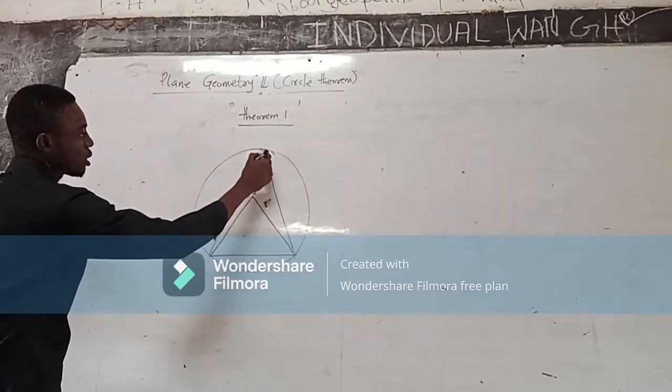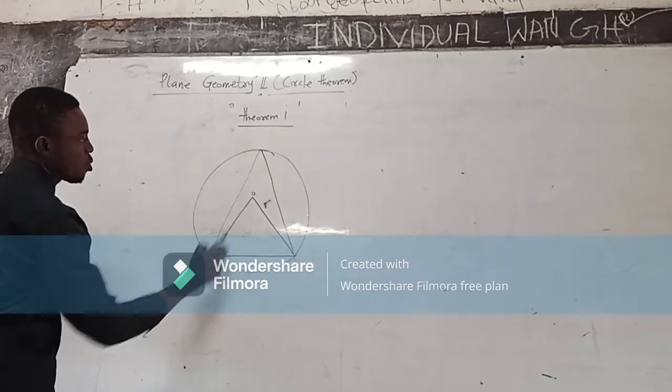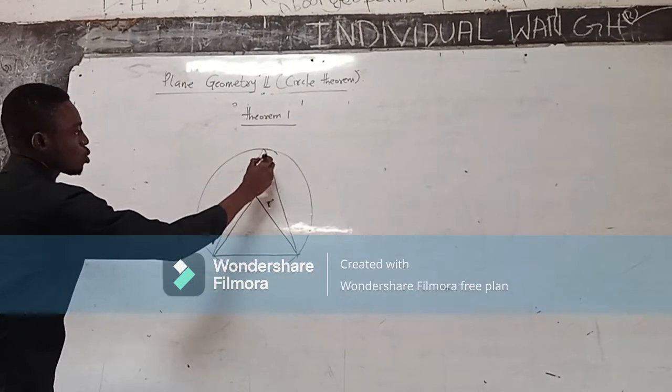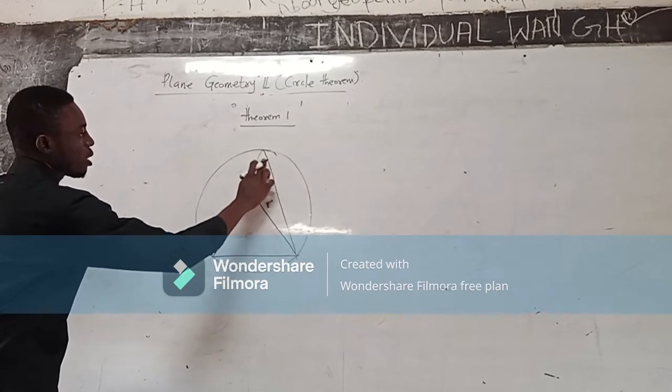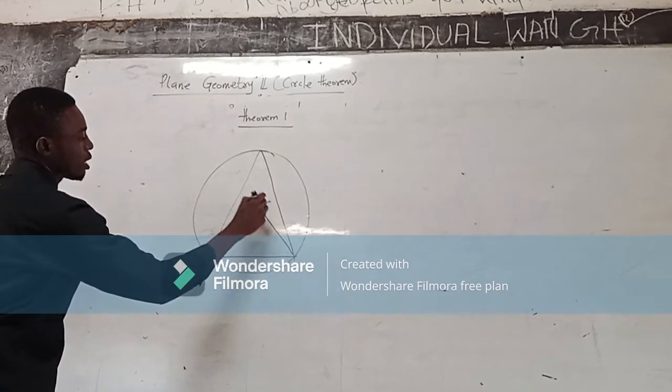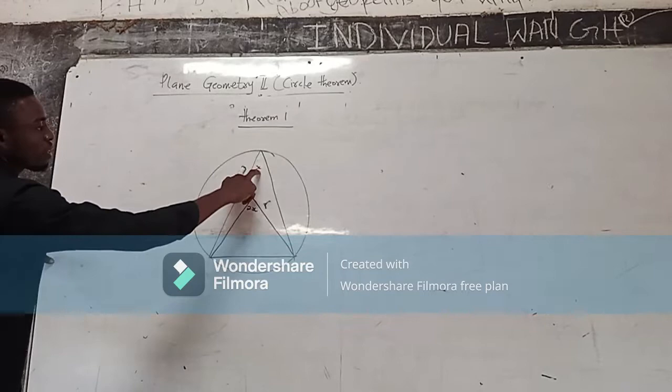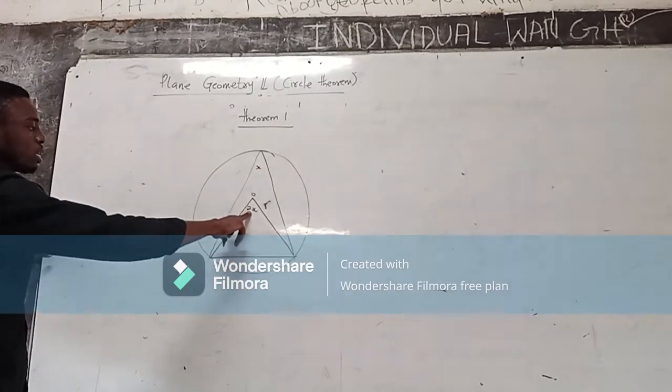So 2 times this one. If we have x here, here is going to be 2x.